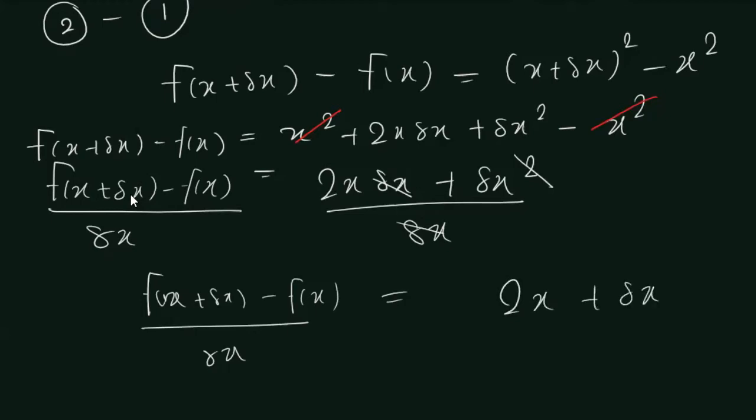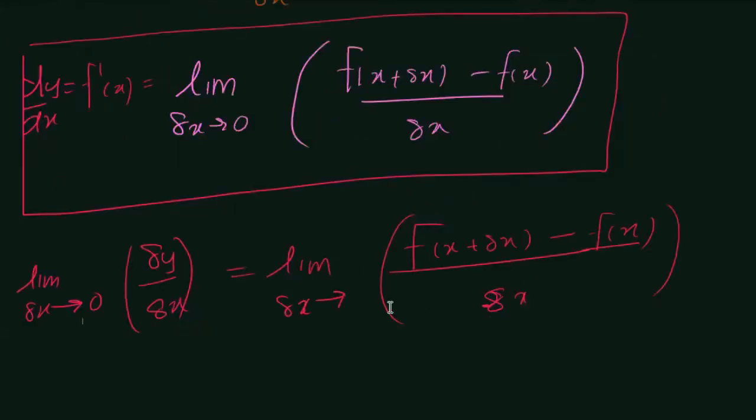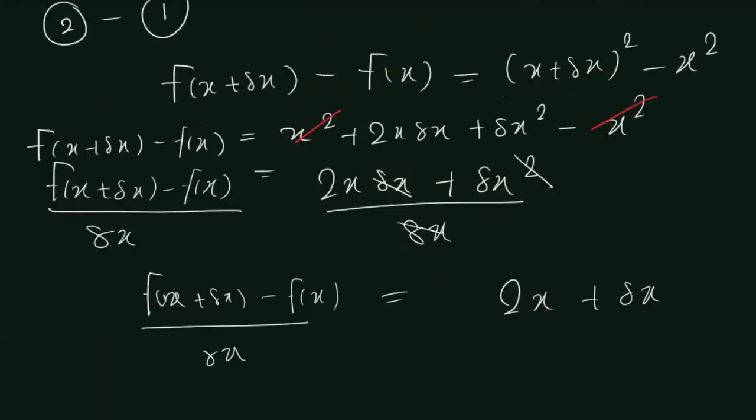Next, this delta x should go to 0. So let us do that for both sides: limit delta x goes to 0.